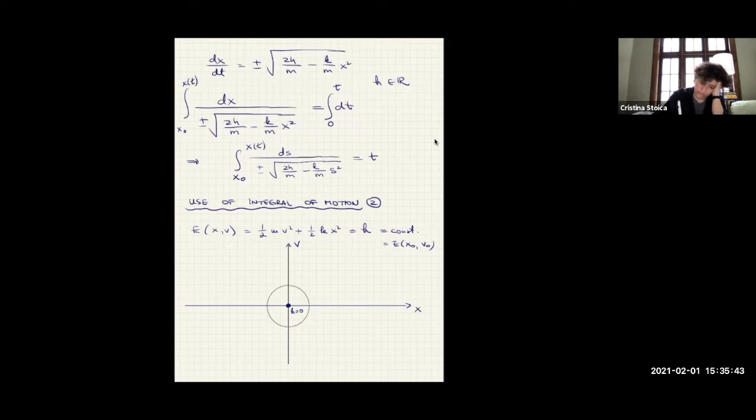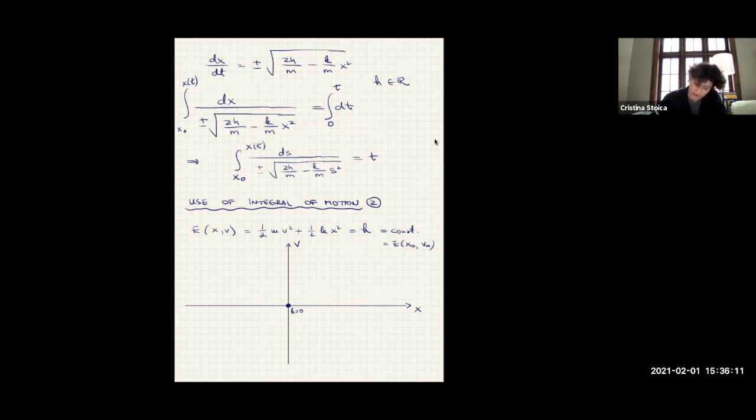So this green thingy is 1 over 2 m v squared plus 1 over 2 k x squared equals 1, right? Well, I'm doing it as a circle. I shouldn't, as it's an ellipse actually, right?